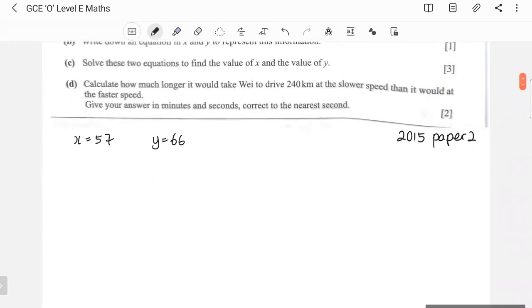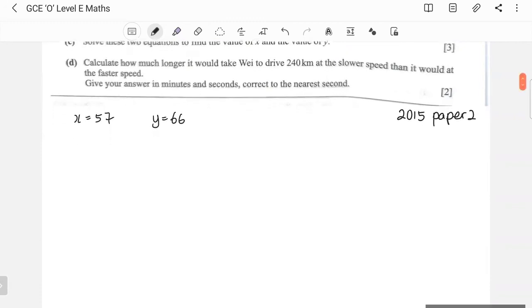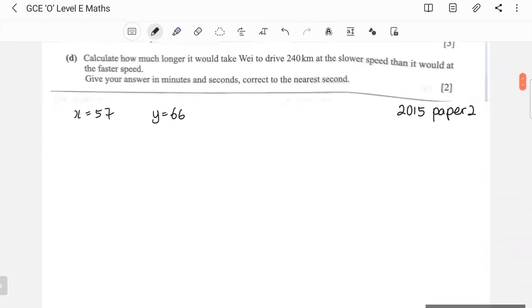So we want to calculate how much longer it takes if Wei drives the full 240 km at the slower speed compared to the faster speed. We take the time taken, which based on the formula is distance divided by speed.